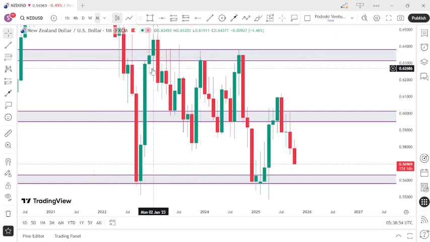As you go through the lower time frame, you should be looking for selling opportunities on NZDUSD.